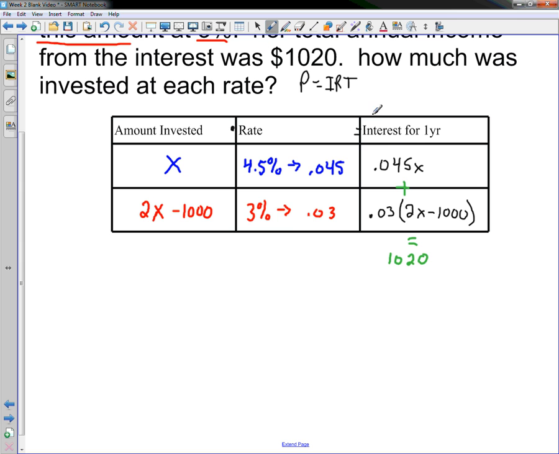If I take this interest plus this interest, it should equal the 1,020. So I have 0.045x plus 0.03 times 2x minus 1,000 should equal the total amount earned off the interest.